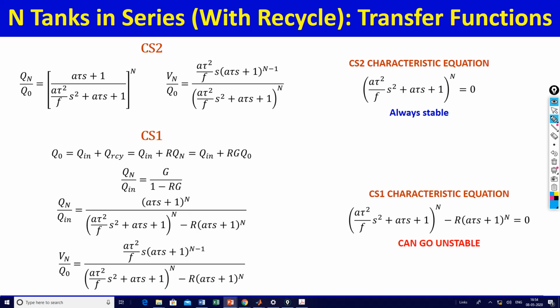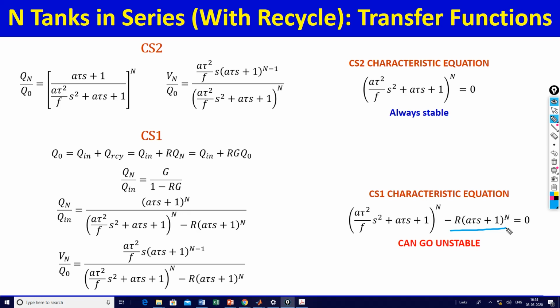Notice that we have this term being subtracted out, and because it is being subtracted out, there is a possibility for improperly chosen values of a and f where some of the roots go into the right half plane. So this system can go unstable. Even though a and tau seem reasonable for a single tank, when you connect them in series and you have recycle, and maybe the recycle fraction R is large, you can have instability.